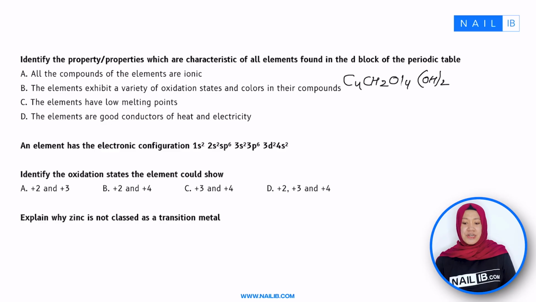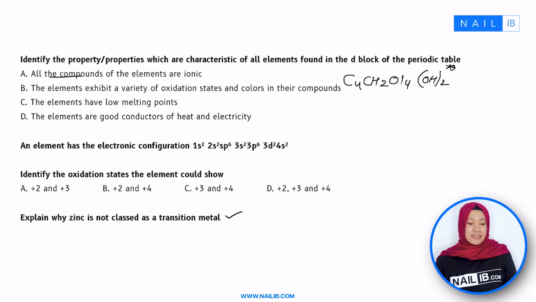It has no charge here. The elements exhibit a variety of oxidation states and colors in their compounds. Some of the elements found in the d block, for example zinc, will not form colored compounds, and I will explain that here.